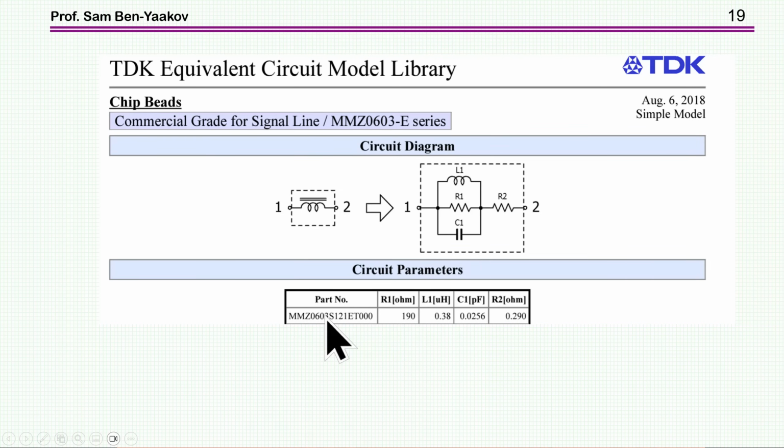And I'm just picking this for a demo. I have not selected it in a proper design procedure, just picked this particular one. It has a 290 milliohm DC resistance, and here's the capacitance, inductance, and resistor.